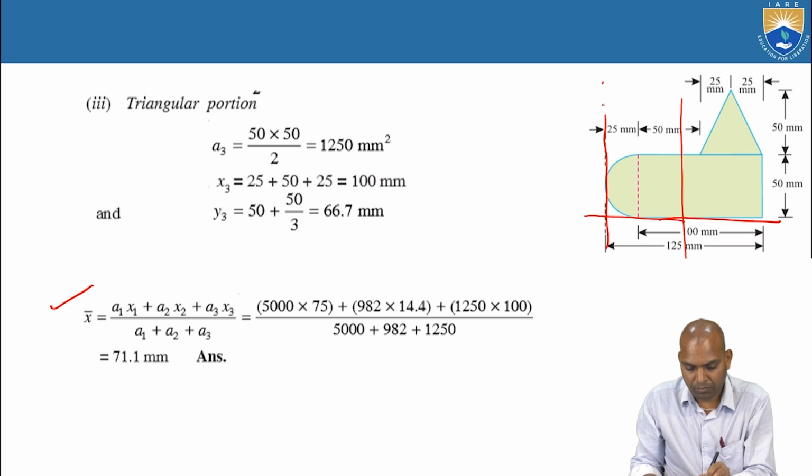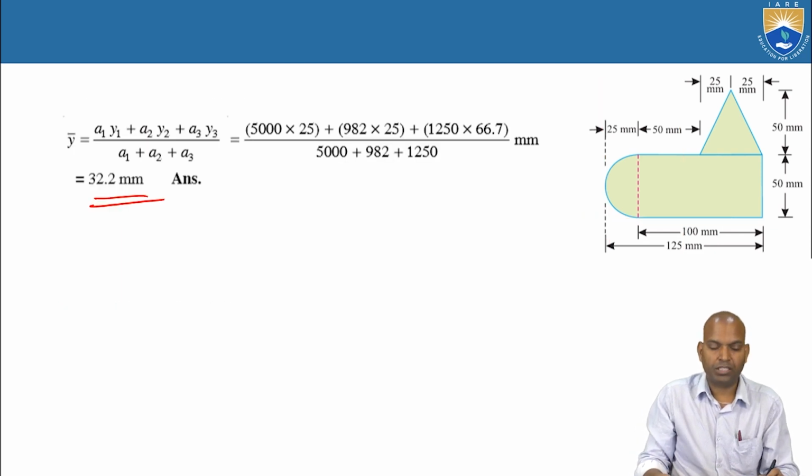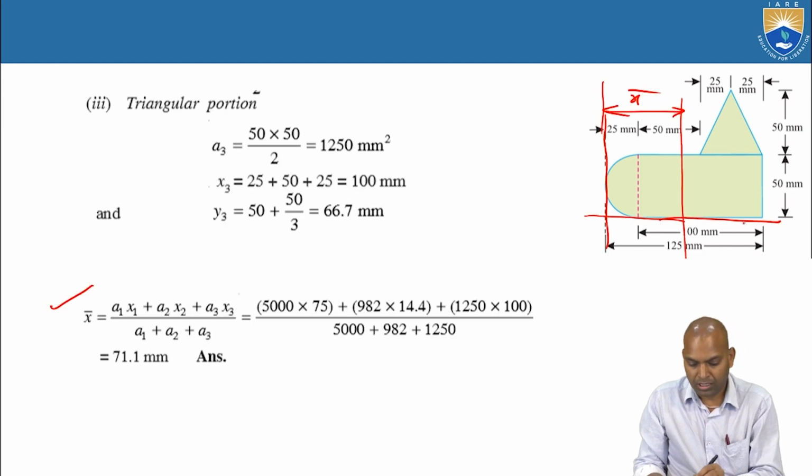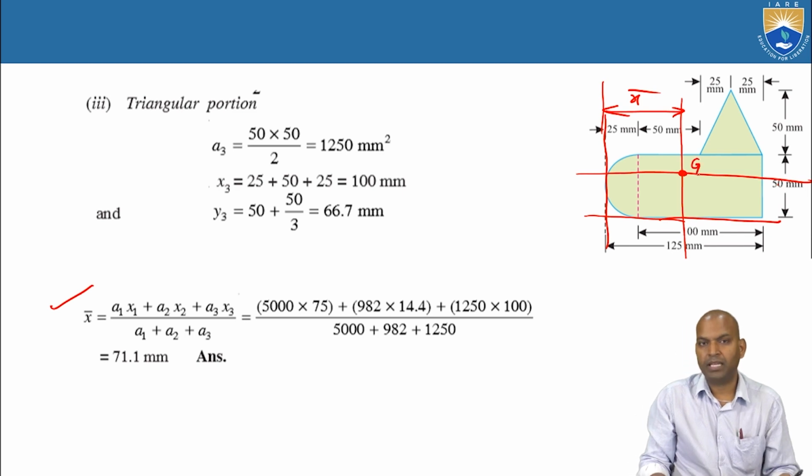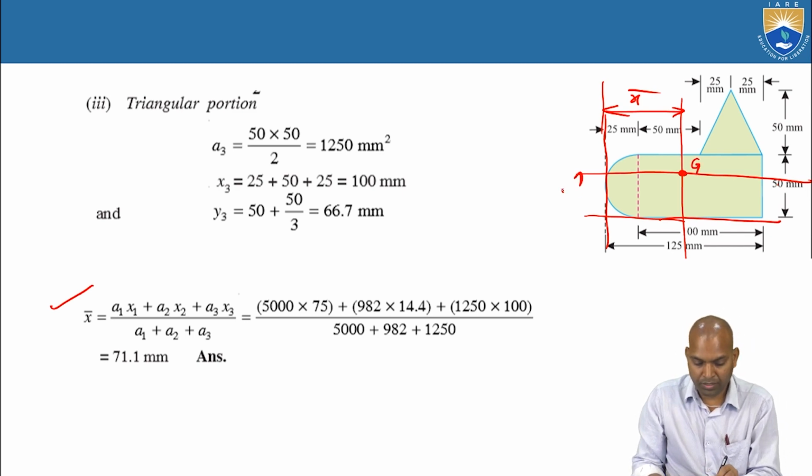This is the bar X distance. What about bar Y? This is 32.2 millimeters, from the reference axis. This is 50. The vertical distance is 32.2, approximately here. This is G, the centroid of the section, this bar Y.